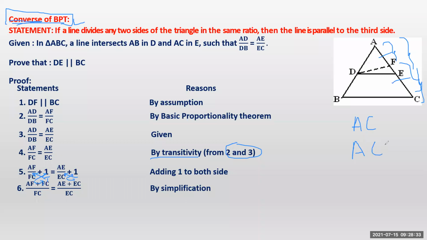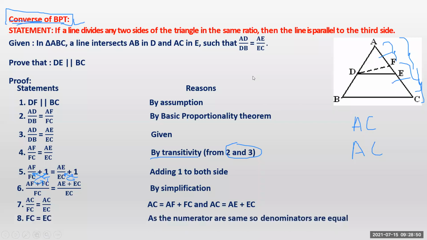Again, it is AC. So you'll come to the conclusion: AC upon FC equals AC upon EC. Check, AC equals AF plus FC, and AC equals AE plus EC. So that means FC equals EC.